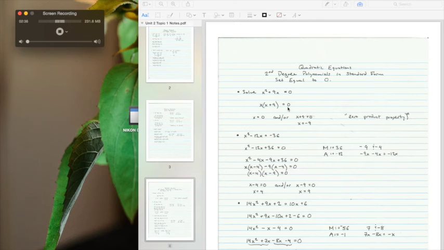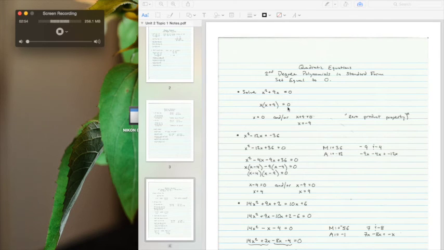But there are no two numbers on the planet that when I multiply them together, if neither one of them is 0, will give me 0. So think of numbers that aren't 0. If you multiply any two numbers that aren't 0, you're never going to get 0.